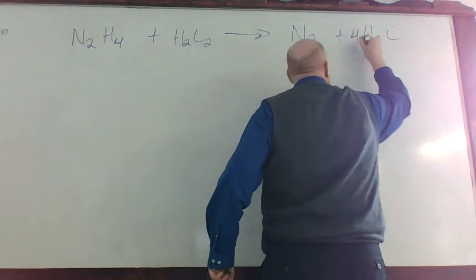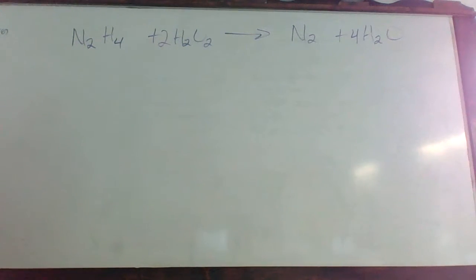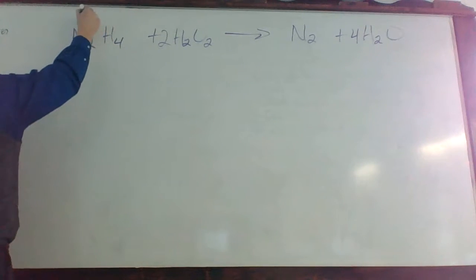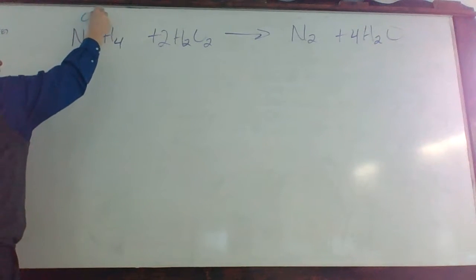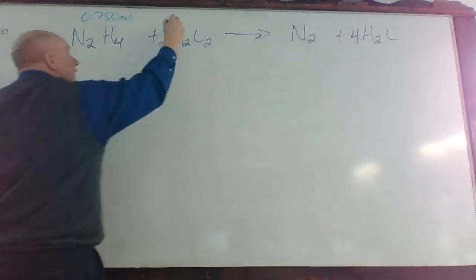I think this had a 4 and this had a 2, and that was given in the equation, correct? So how much are we starting with of the N2H4? It's 3/4, correct? Then this was half a mole.